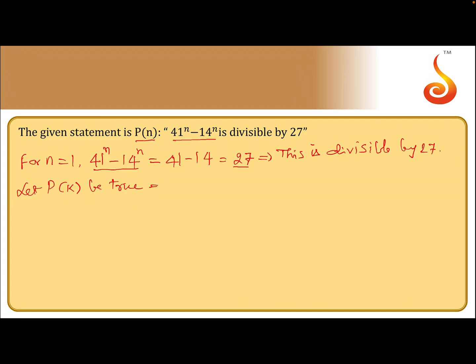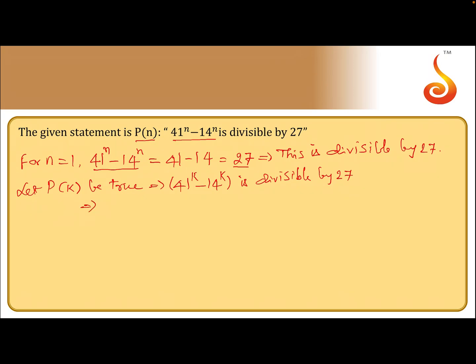Let the statement be true. So that implies 41 to the power of k minus 14 to the power of k is divisible by 27.